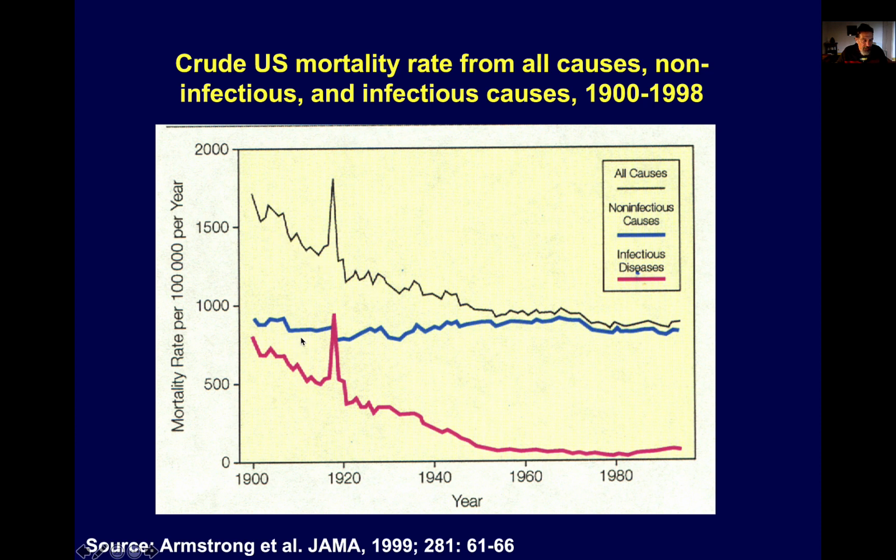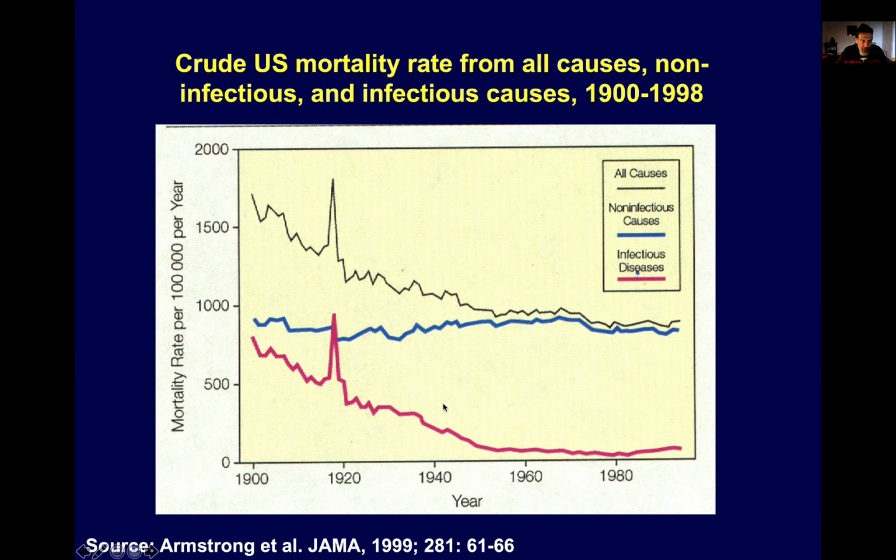These two trend lines below it break that overall trend line into non-infectious causes in blue and infectious causes in pink. And what you can see here is that most of the decline in the overall death rate that we see in the US really is a result of major declines in the infectious disease death rates and not much change in the death rate due to non-infectious disease.